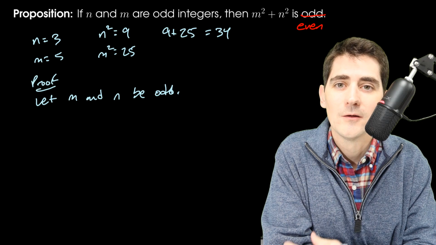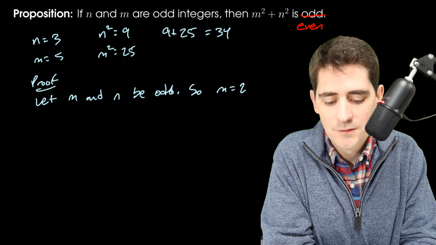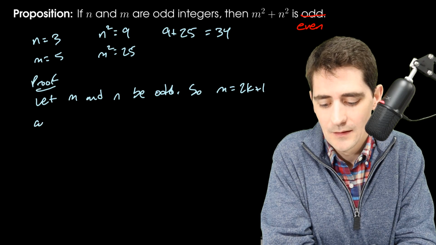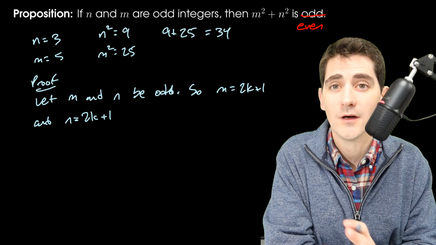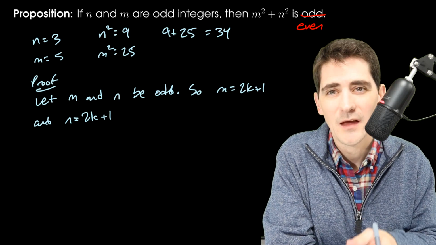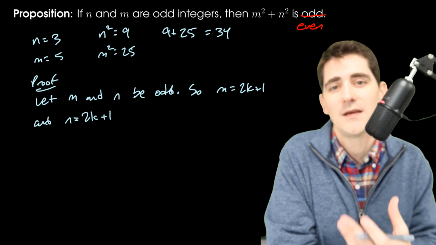So in this case, I have to define them both to be odd, which is 2 times an integer plus 1. Now, here's a very common mistake. So m is 2k plus 1, and n is 2k plus 1. I see this all the time with young proofwriters. But if I say m and n are both 2k plus 1, then I'm saying that m and n are the same thing.